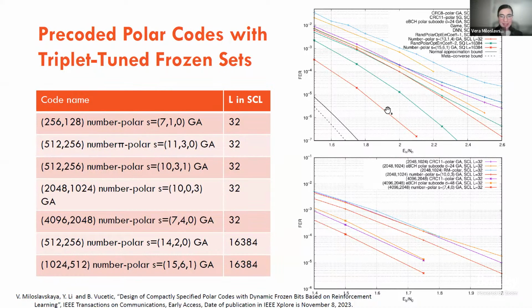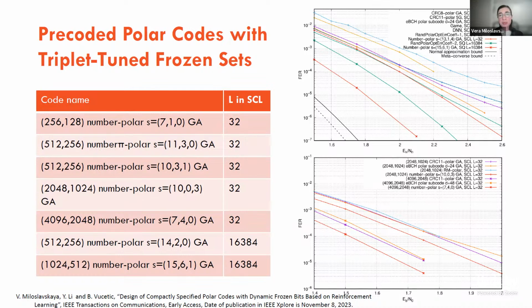So in this presentation, I provided the results for fixed list size, and here we focused on code design for fixed list size. Basically, this is done to simplify comparison with the state of the art. However, for example, I have recently published a paper about adaptive precoded polar codes. It is in Transactions on Communications.